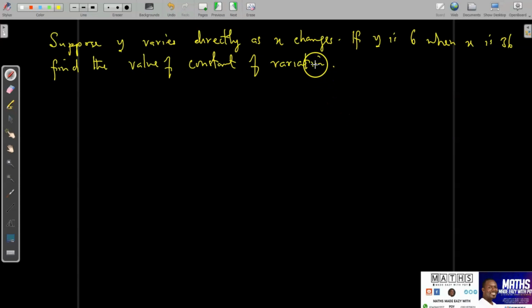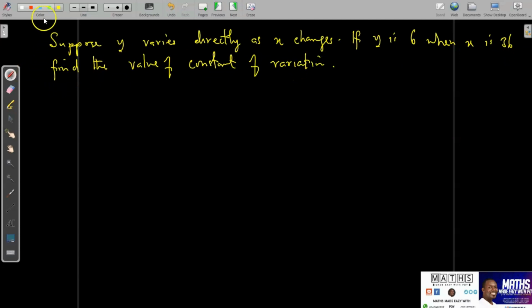Okay, so interestingly, this is a direct variation question. And if you look at it carefully, they've already even given you the future occurrence. If y is 6 when x is 36, find the constant of variation.